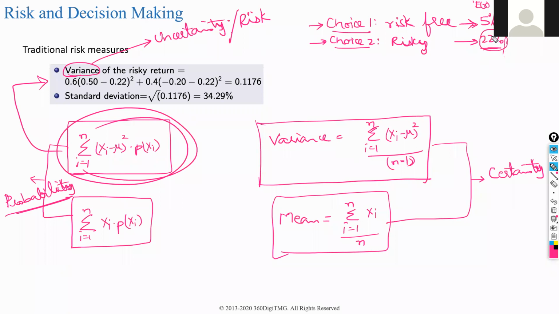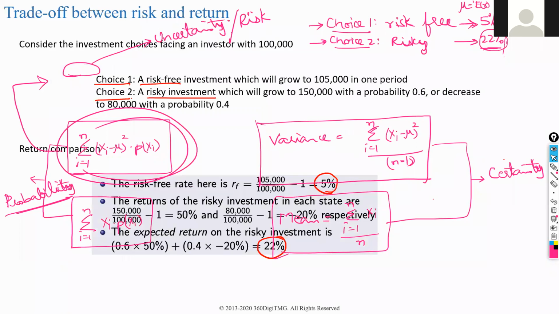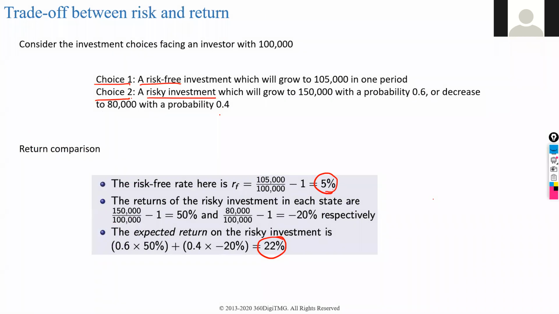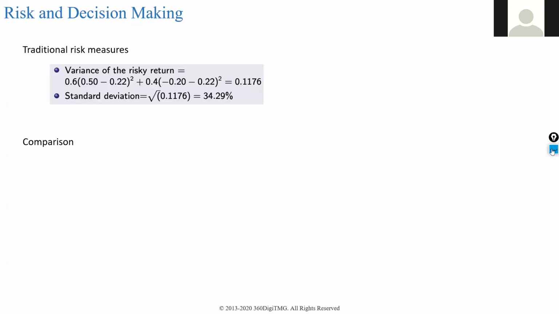Mu is this. 0.6, 0.4 are probabilities and the other values are coming from here. If you get 150,000, return on investment is 50%. Here the return on investment is minus 20% because you can also get 80,000. So you lose 20%. And that's what is given.